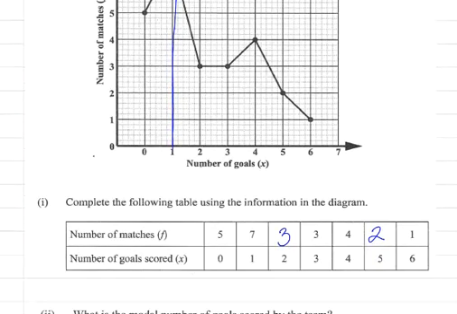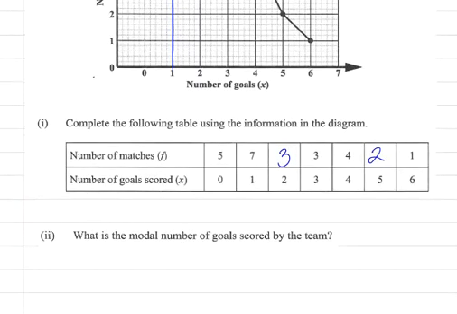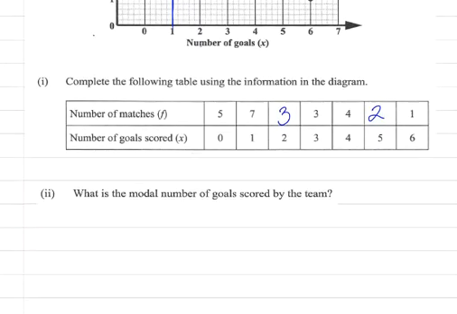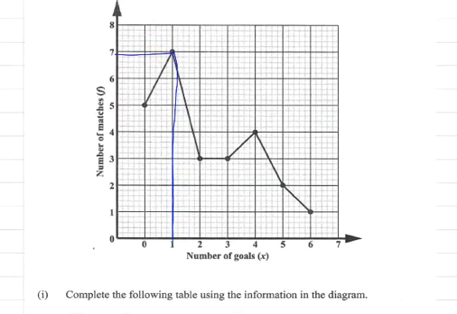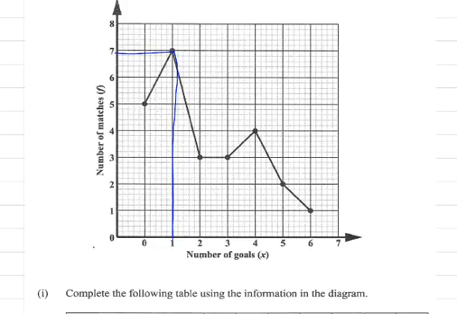So the modal number of goals scored by the team is 1 goal. So the mode again is the value with the highest frequency, and the highest frequency is 7, which corresponds to 1 goal.